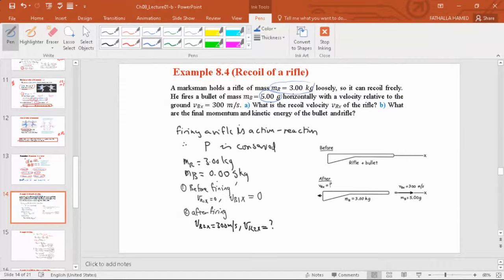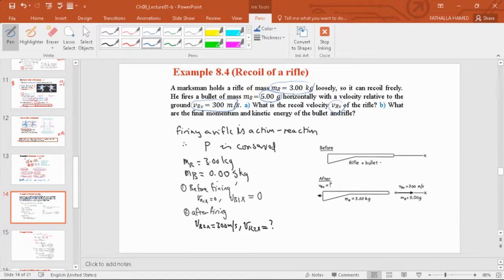Horizontally with a velocity relative to the x, where we say VBX. B here stands for bullet, at 300 meters per second. What is the recoil velocity of the rifle? And you say VRX, that means the velocity of the rifle along the x-axis, because the motion here is in 1 dimension. What are the final momentum and kinetic energy of the bullet and the rifle?